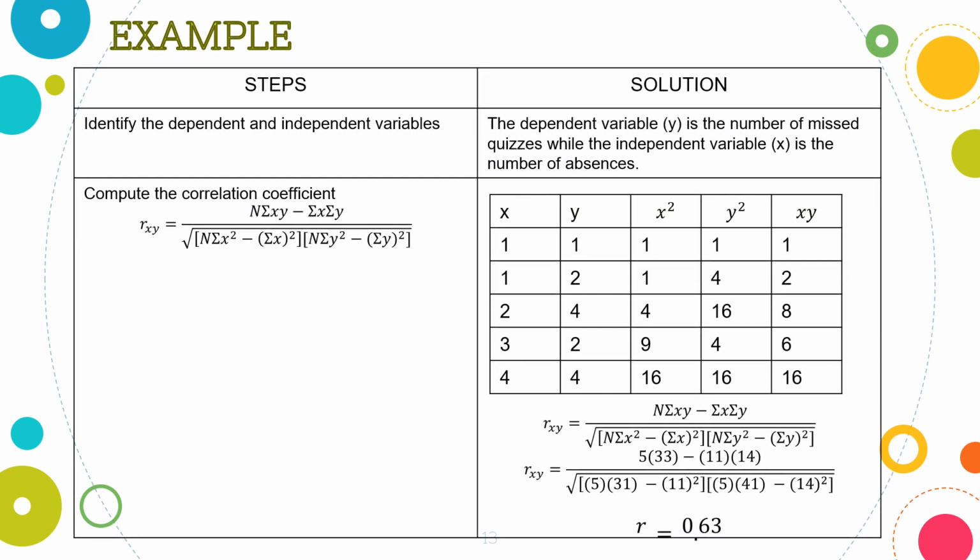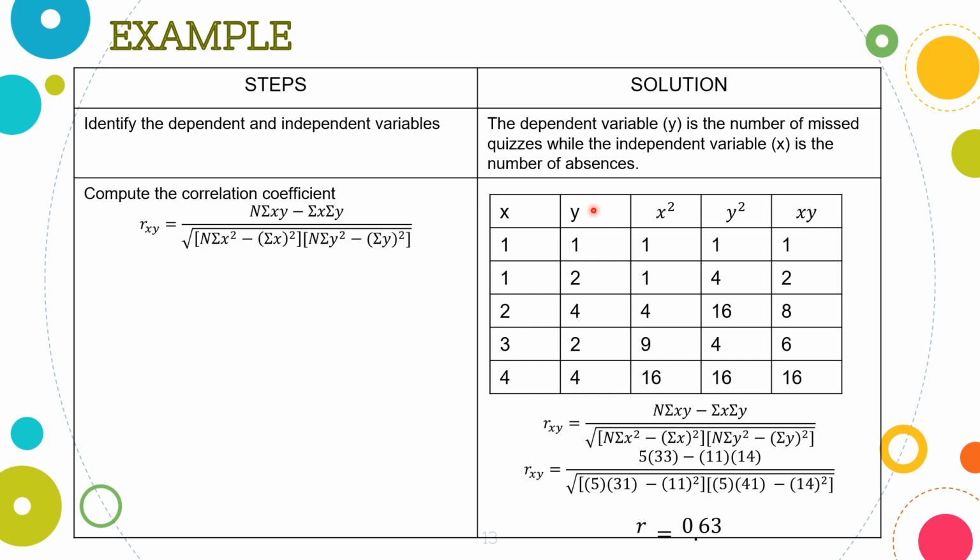identify the dependent and independent variables. So, the dependent variable, always remember class, dependent, nakadepende yung y natin. So, the dependent variable will be our value of y, and the independent variable will be our value of x. Okay?